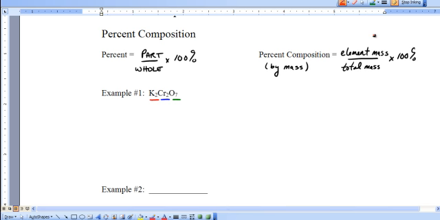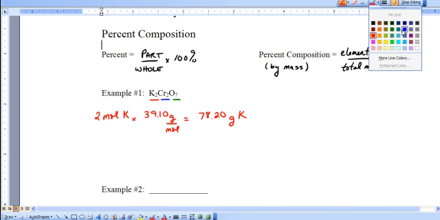Starting with the potassium, you have 2 moles of K. Each mole of K weighs 39.10 grams. And so in potassium dichromate, you have a total of 78.20 grams of potassium.